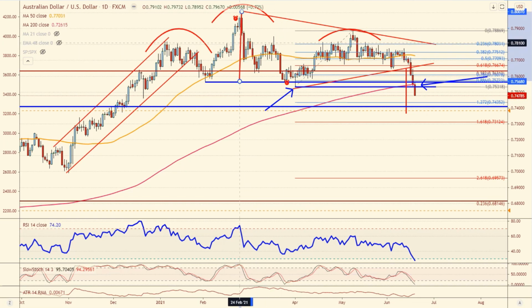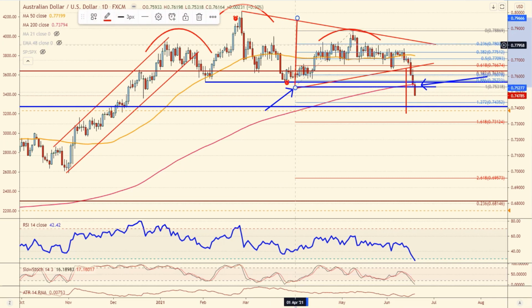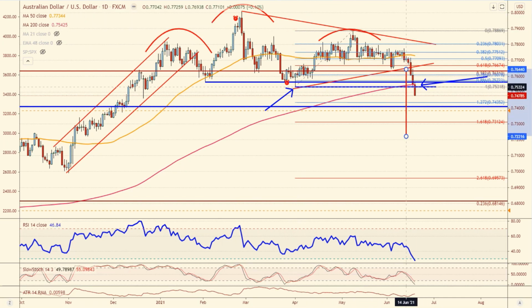Actually, that's not even the full triangle really, but that would be the low to the high. The full triangle could be quite a little bit more than this, but you can see the Aussie dollar could extend itself down to 72 cents. That's a pretty big drop, and you can see we've made a pretty big chunk of that move just this week.